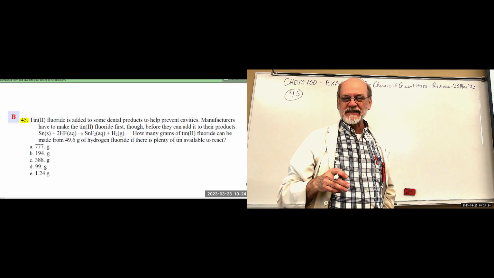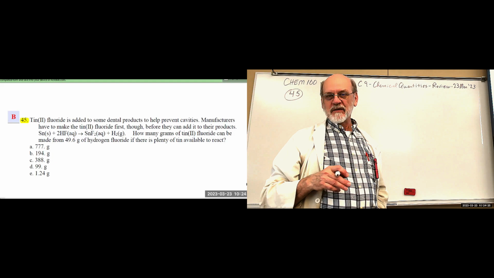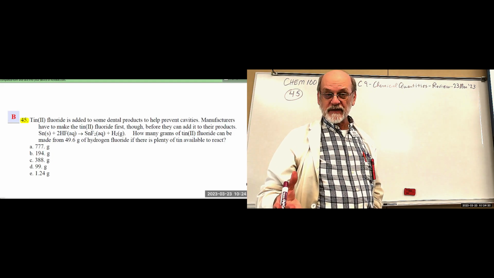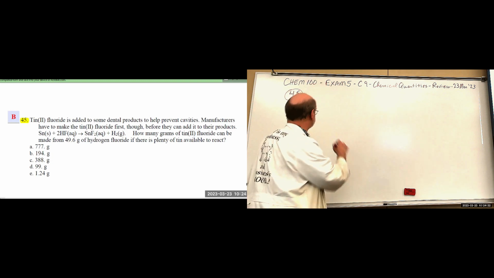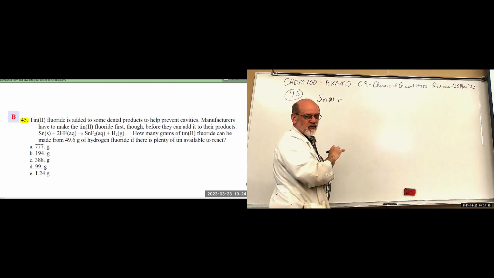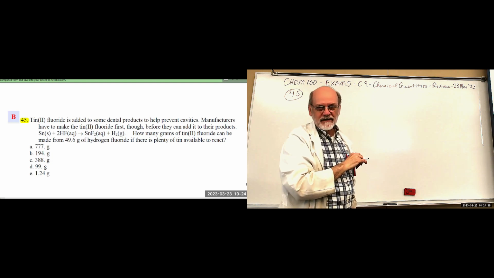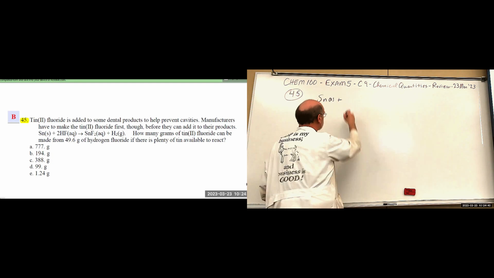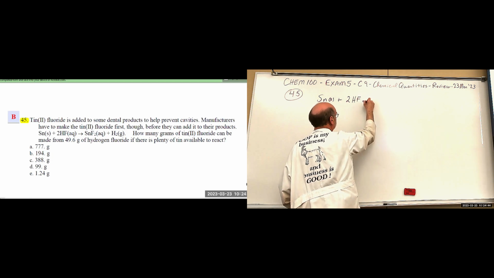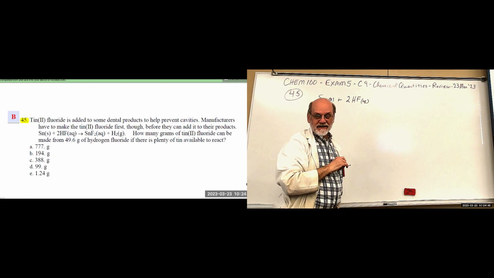Manufacturers have to make the tin(II) fluoride first before they can add it to their products. Okay, now we get to the meat of the problem. Tin metal is reacted with what? Hydrofluoric acid. All right.